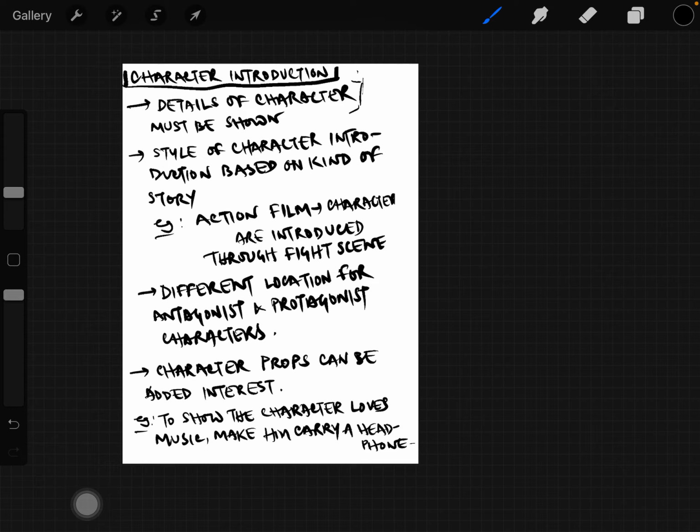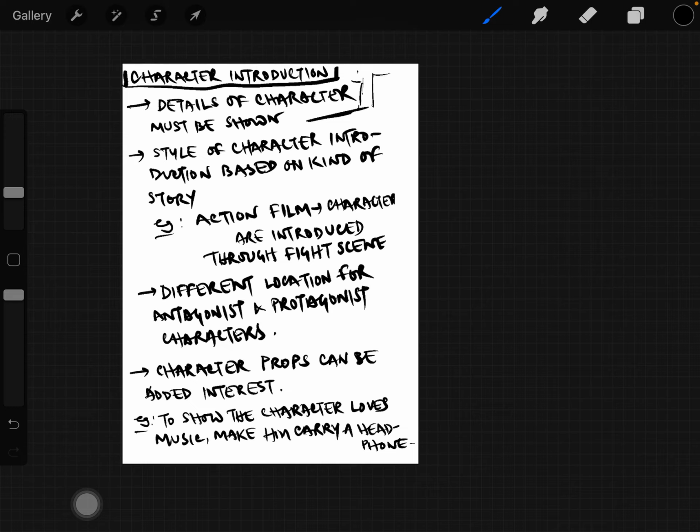But if you are not drawing that much detailing in every frame, then in the beginning, the hairstyle, whether the character is wearing eyeglasses or not, what t-shirt the character is wearing, what dress the character is wearing, what shoes the character is wearing, all those detailings should be there.